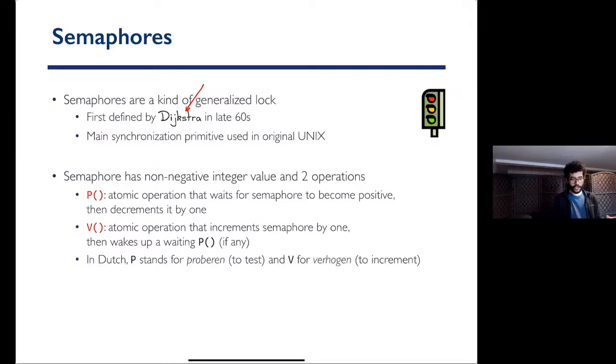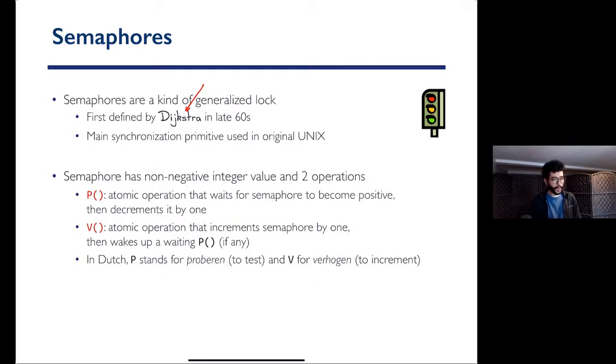So in Dutch, P stands for whatever that is that I cannot pronounce, and it means test. So P is kind of like you test the value of the semaphore, and V is to increment, whatever that other word is. I have it there, but I don't know how to pronounce it. But it means increment. So P is to test and V is to increment.